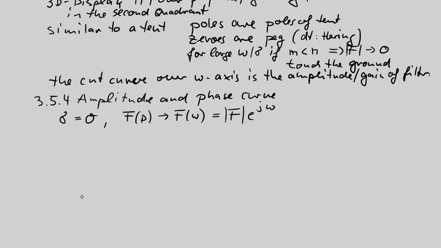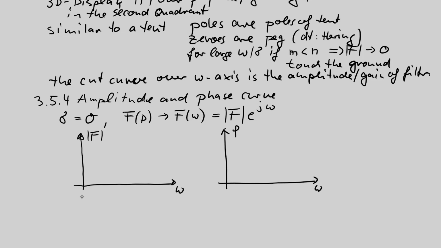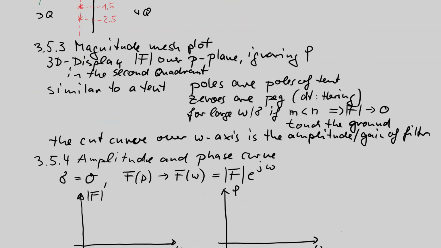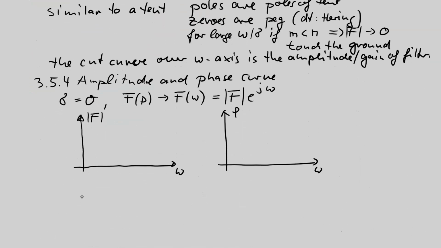And what we do with amplitude and phase curve is very simple. We display the magnitude value versus omega, and we display the phase curve versus omega. So we get two curves. In our example here, as the demo, we have this curve.